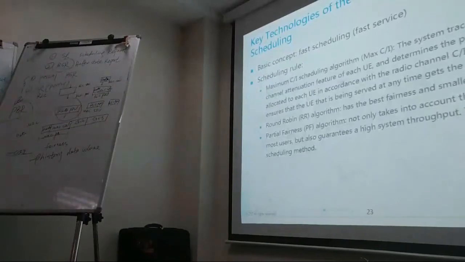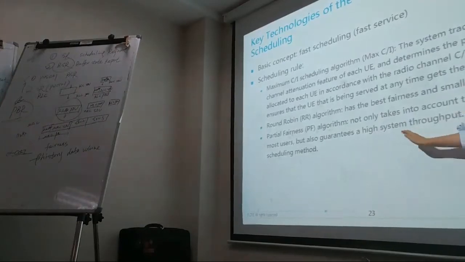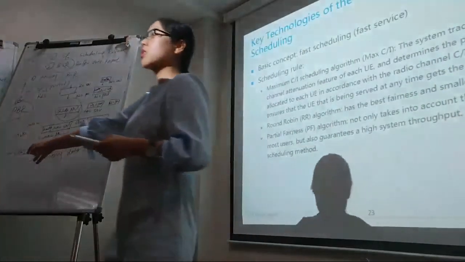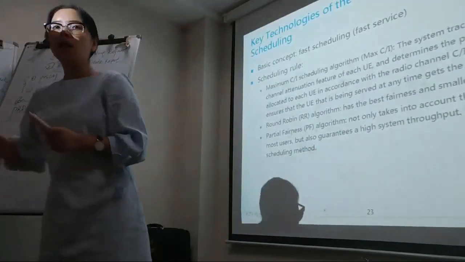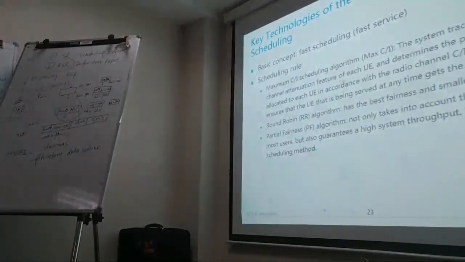So we can control this. All of the people have an opportunity to transmit data, but even if you have the chance, maybe you cannot transmit much data. So I can guarantee the system throughput, because I first consider the good CQI people, and for bad CQI people I also give some chance to transmit.